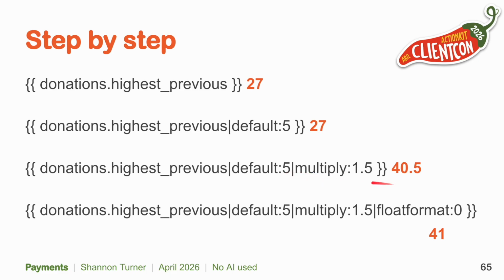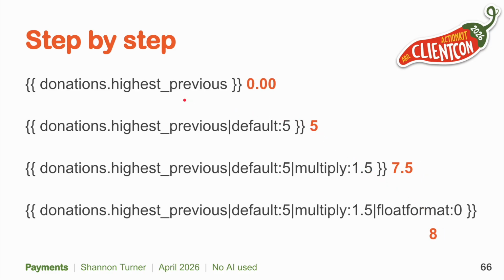If we multiply that by 1.5, we get 40.5. But that doesn't look so natural for how much we would like to ask. You don't ask for $40.5, you ask for $40.50, for instance. But let's round this to a full number with float format 0, and then we get 41. If you did want to round it to 2 decimal places, you'd use float format 2.